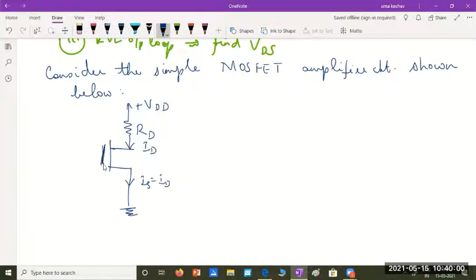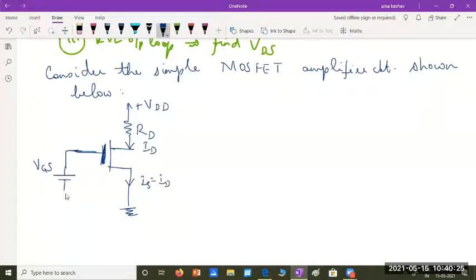I'll not show the biasing arrangement. I'll just say I have assumed some biasing arrangement, and I'll show a simple case where I'm going to fix the gate source voltage directly. So let's consider fixed VGS bias, the simplest bias arrangement.